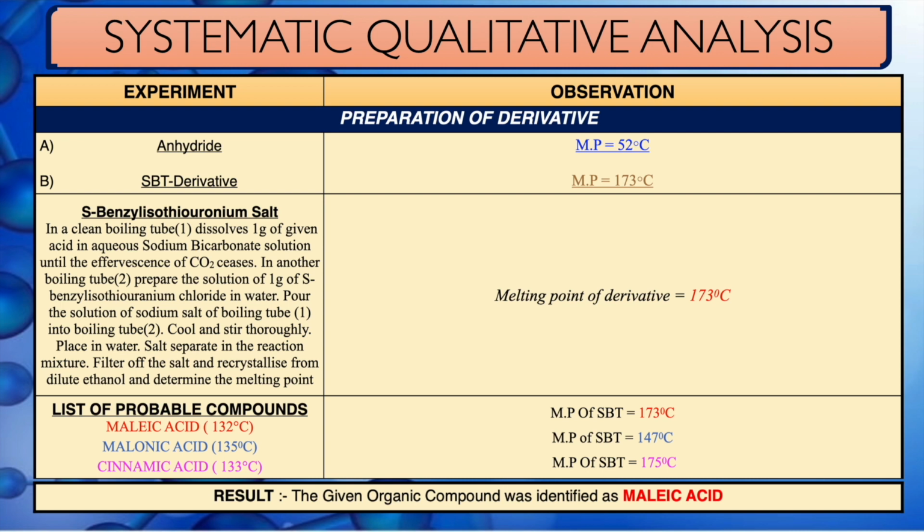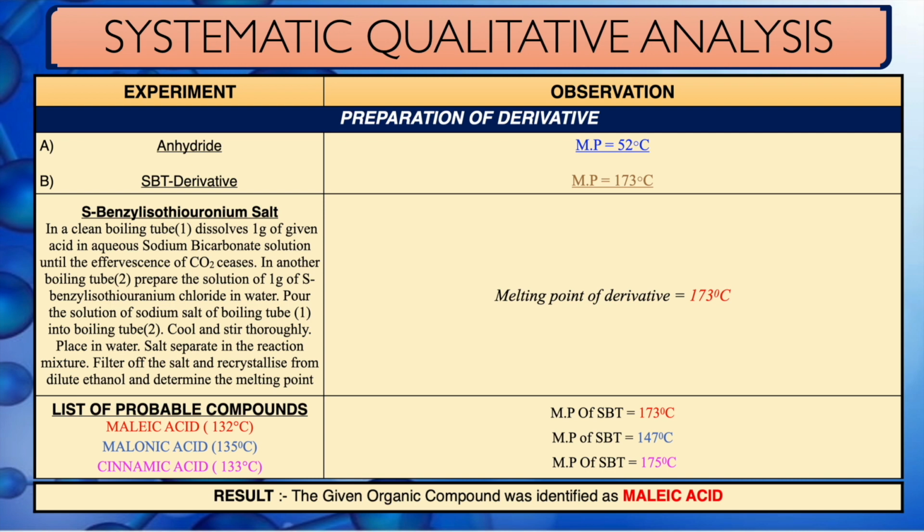When we check our experimental data with the literature value, we prepare a list of probable compounds. Generally, preparing a list of probable compounds is a step performed after detection of functional group. Preparation of derivative helps us in further elimination. So we have some probable compounds, namely maleic acid with melting point of 132 degrees Celsius and melting point of its SBT derivative as 173 degrees Celsius.